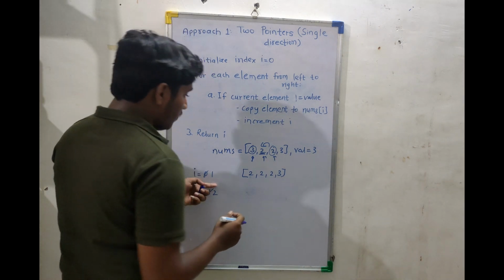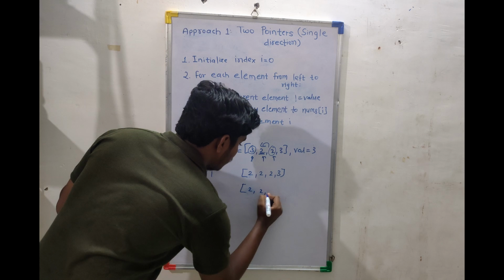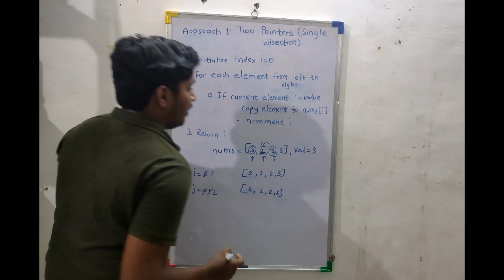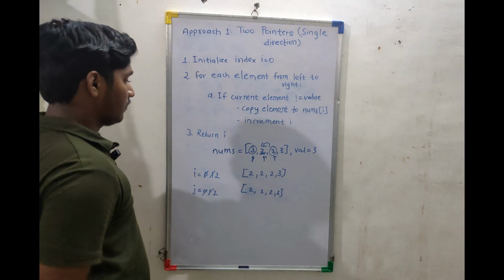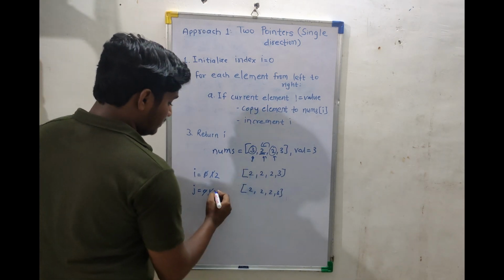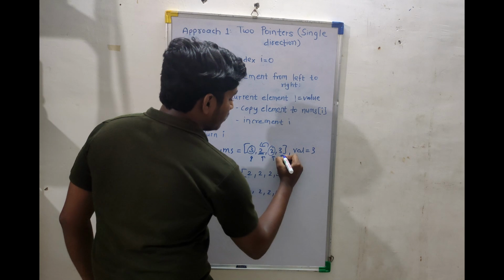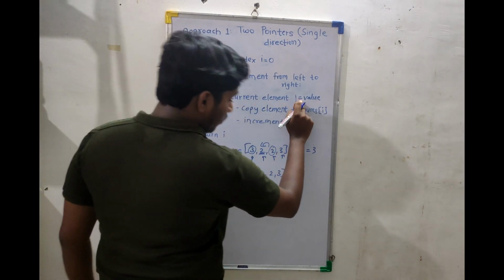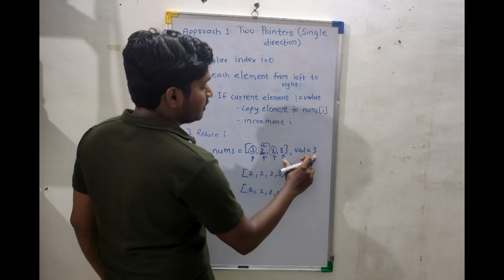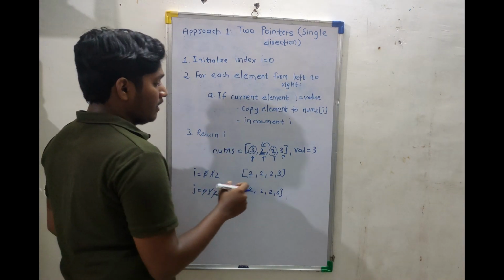Our new array is again 2 2 2 3, and after this we increment i. Now i becomes 2. Again j is incremented and goes here. We check again if the current element is not equal to the value, and it is equal to the value, so we do not go inside the if.